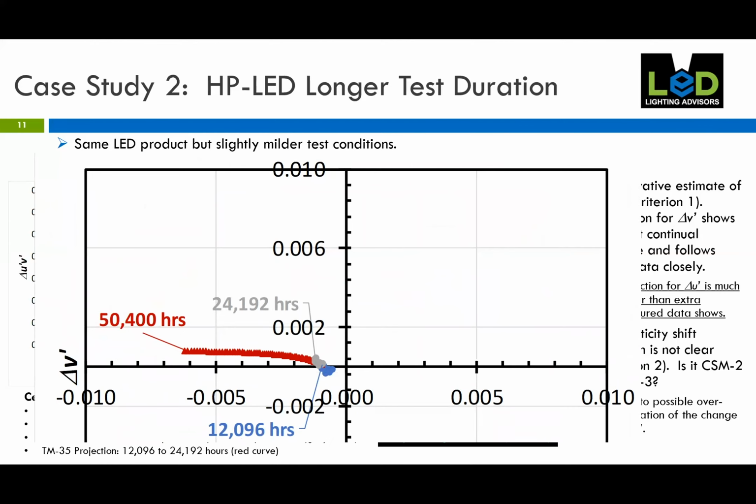And so as we zoom in, we see that the actual data in the gray curve is, instead of shifting green, it is starting to shift up towards the yellow direction. So we're not seeing a consistent chromaticity shift direction between the different test conditions. So we don't meet criteria 2 and 3 in this case, just the conservative in nature.